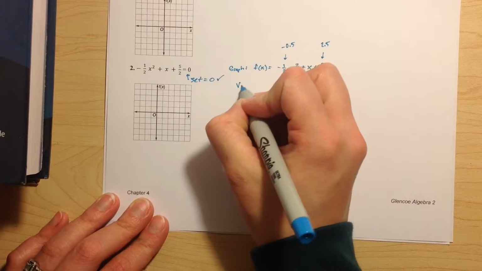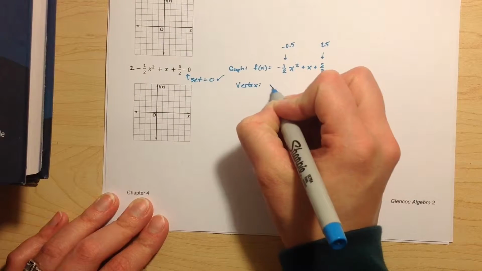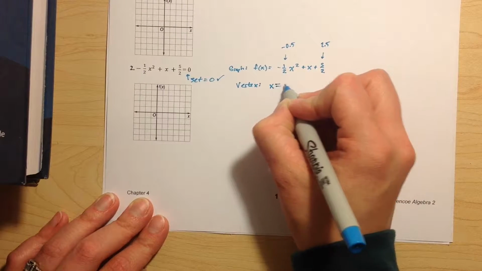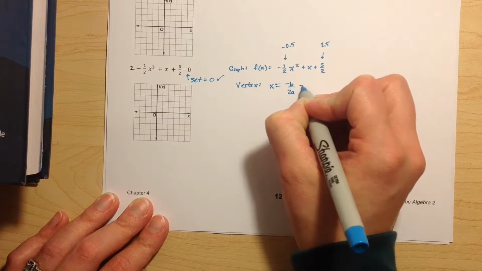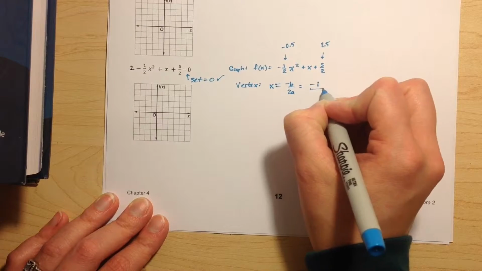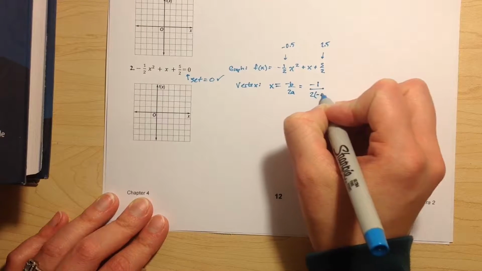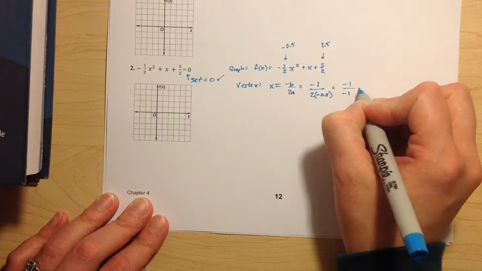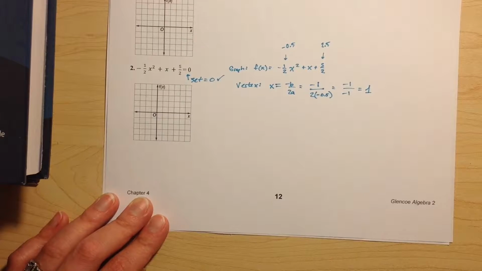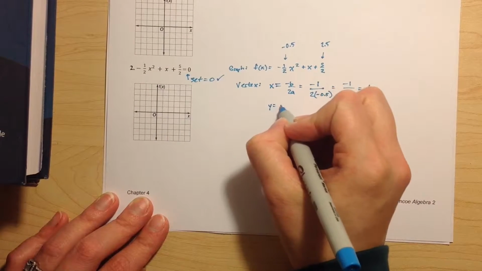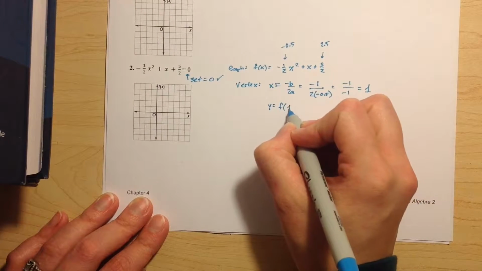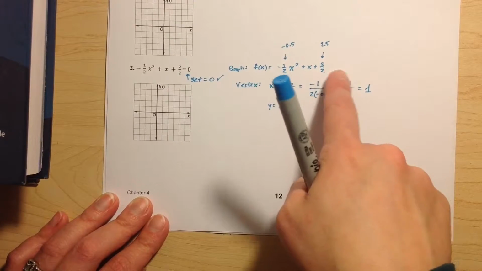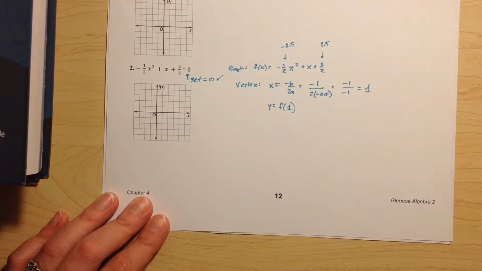So, first step is the vertex. My x value of the vertex is -b/2a, which is -1 over 2 times -0.5, which is -1 over -1, which is just +1. How nice. And then the y value is f of 1, so the function value at the x value that we just found.